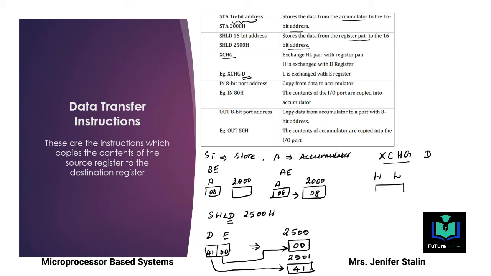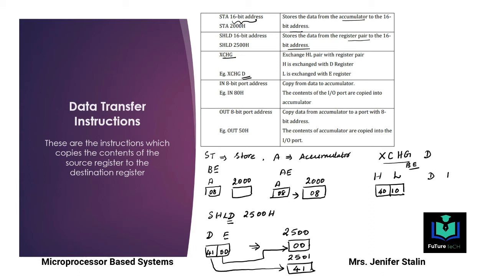HL register pair contains data before execution. Let's say the data to be 4010.